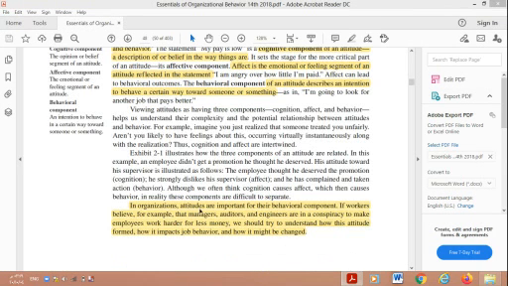In organizations, attitudes are important for their behavioral components. So the most important component of attitudes for any organization is the behavioral component.